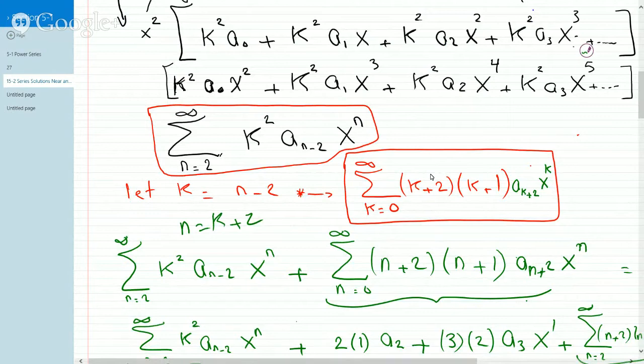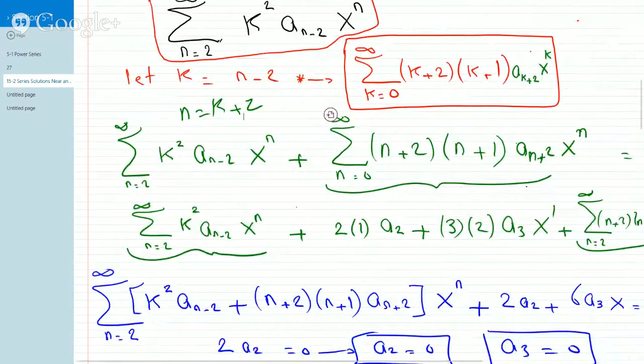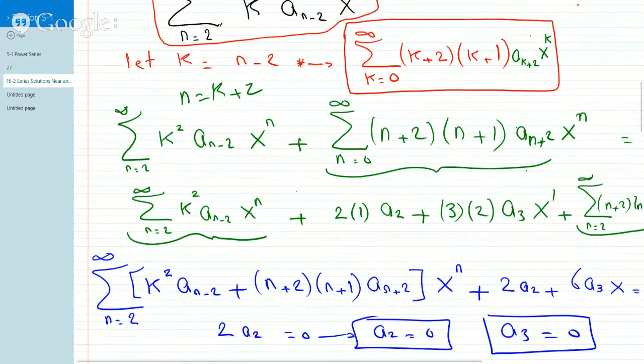Okay, and we plugged it in, and after we did the shifting, we got two series that are still not starting at the same place, but at least they have a common x power now. They're both x to the n. Then we said, okay, fine, we're going to absorb two terms from the one on the right-hand side, n equals 0 and n equals 1.